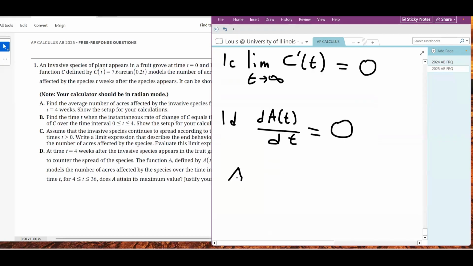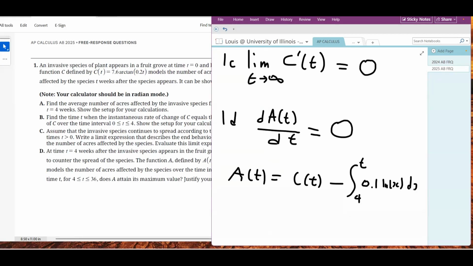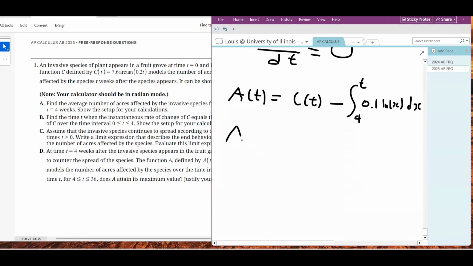We know that a of t is equal to c of t minus this integral over here. Now dA/dt, which is equivalent to a prime, is equal to c prime of t minus, taking out the integral, 0.1 ln of t.